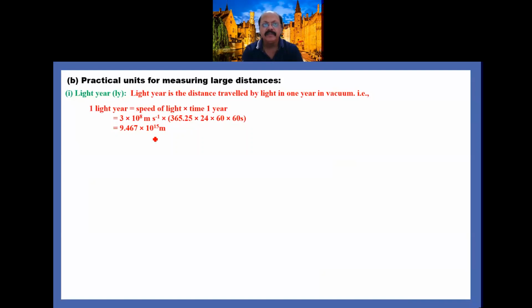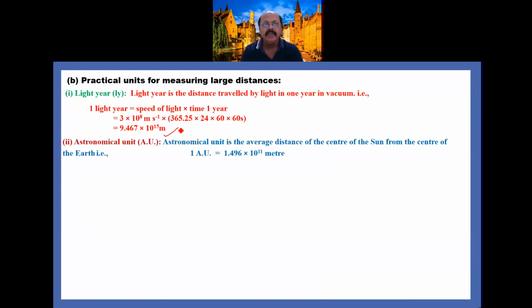After calculating, you will get 1 light year equal to 9.467 into 10 to the power 15 meter. Similarly, another unit is the astronomical unit. Astronomical unit is the average distance of the center of the sun from the center of the earth. So 1 astronomical unit equals 1.496 into 10 to the power 11 meter.